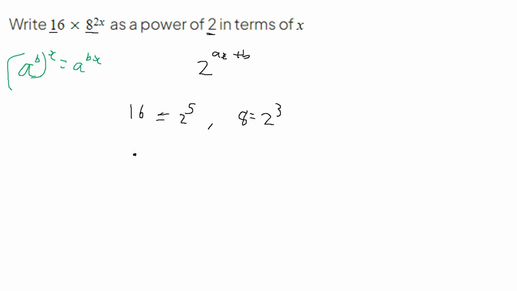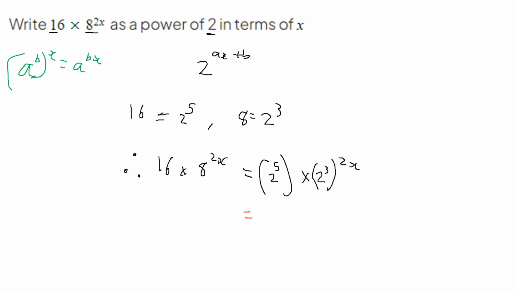So therefore, 16 times 8 to the power of 2x is the same as 2 to the power of 4 times 2 to the power of 3, all to the power of 2x. And now we can do the rules as follows. So 2 to the 4 is just going to be 2 to the 4, and we're multiplying it by, what's 3 times 2x? 3 times 2x is 2 to the 6x.